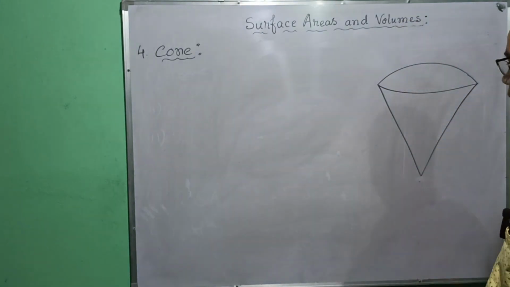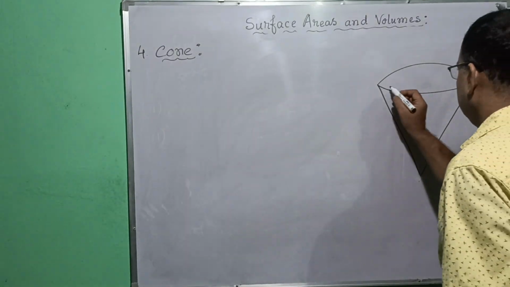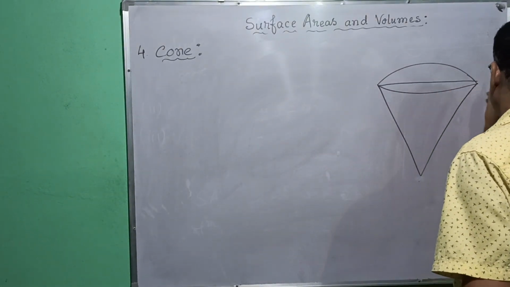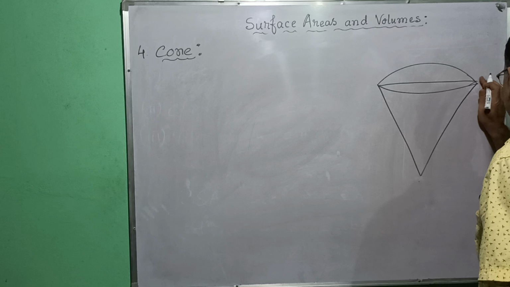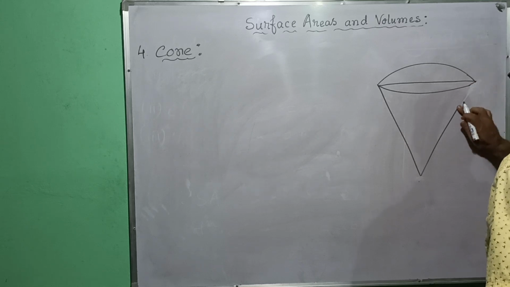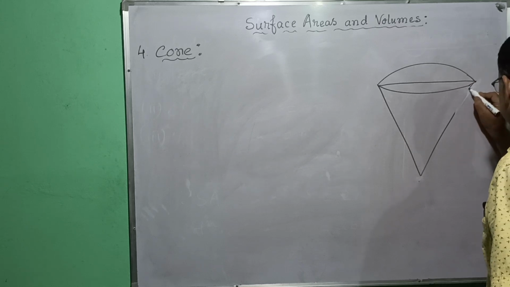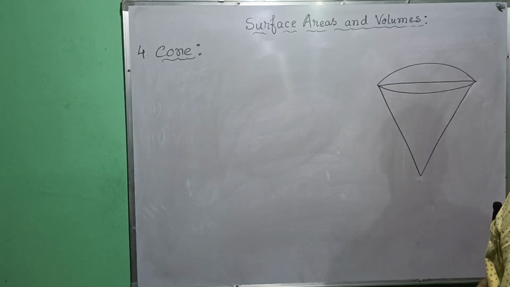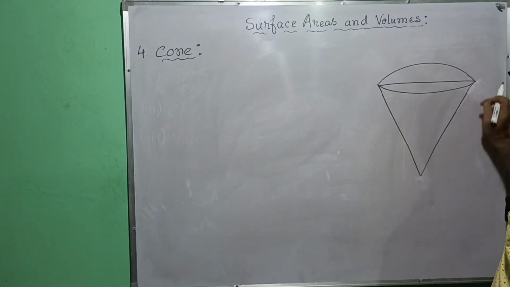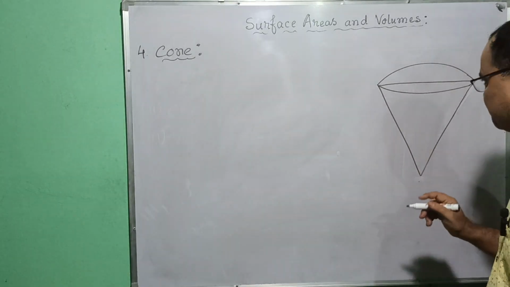So this is the shape of a cone. You can draw better than me, I am not so expert in drawing. So you can draw a better figure. I think you can understand, this is the shape of a cone.